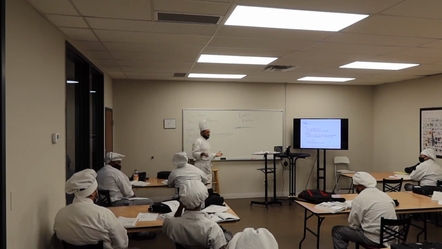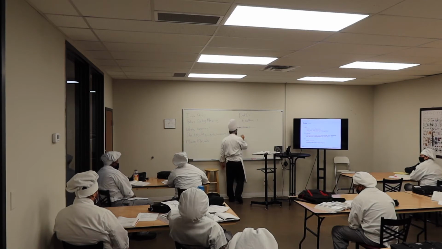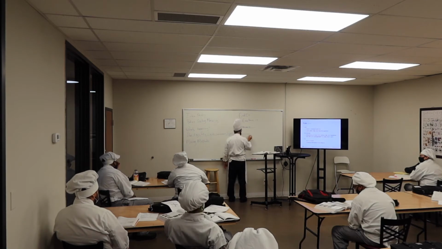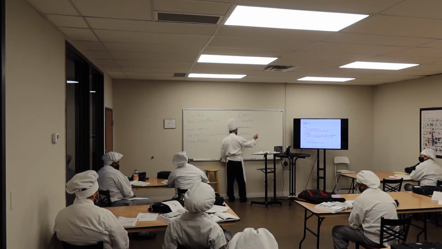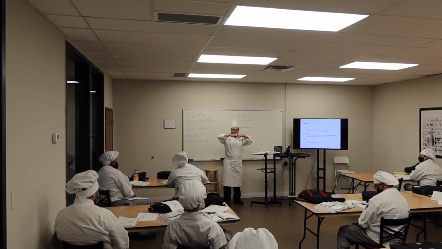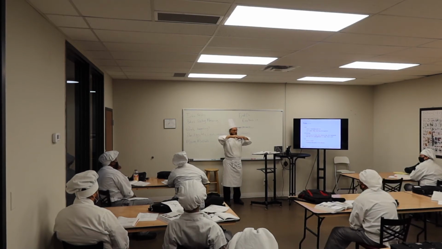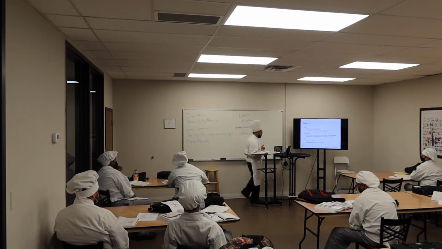When we do the laminated doughs, you have a layer of dough, a layer of butter, a layer of dough, and you keep folding that over, so it's that butter that's in between. But if your butter gets too warm and melts, it doesn't create a separate layer between those, and you're not going to get your flake, your rise, or the texture you're looking for. So that's why it's important.